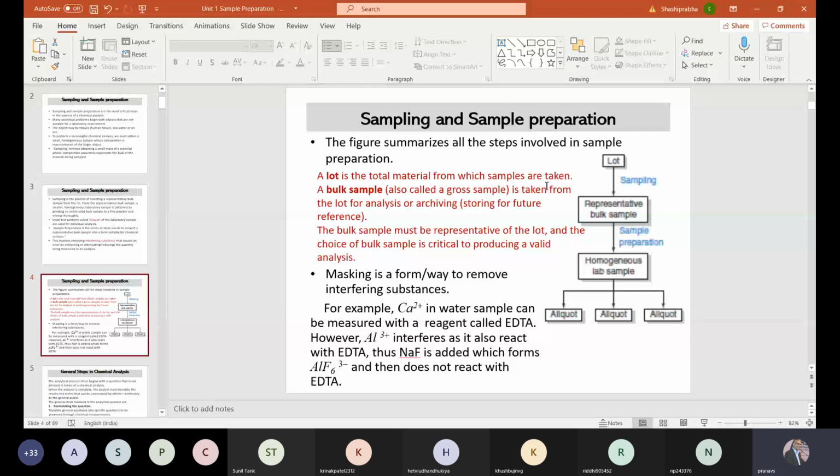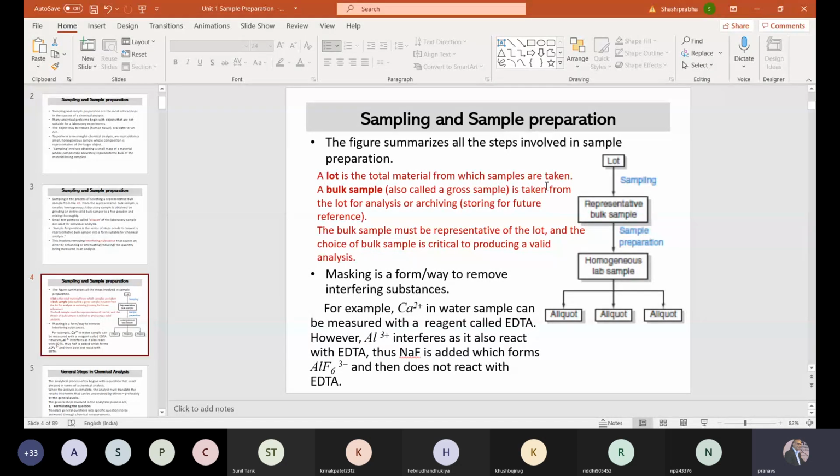Since we do not give you such samples, at this point of time it may not be of interest to you. So what I have done here is restrict myself to only those things which are more important and more relevant to you as a student in understanding and appreciating sampling and sample preparation.